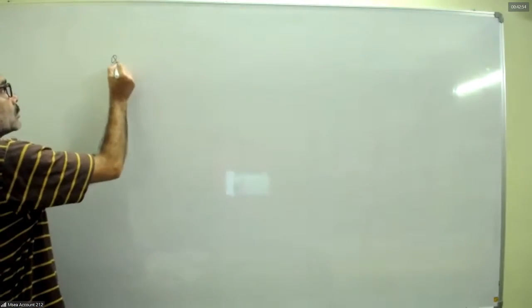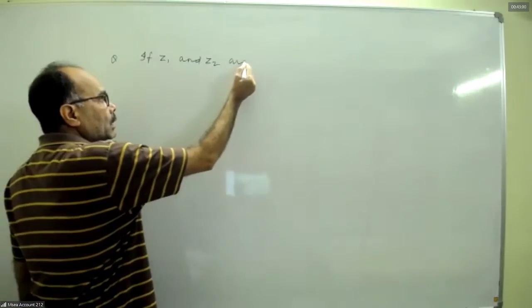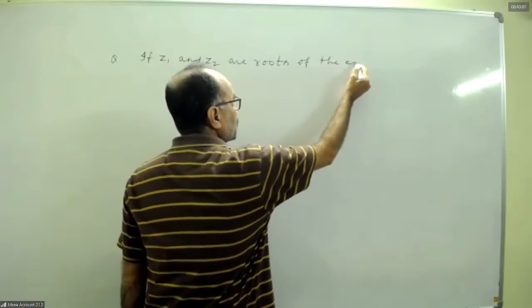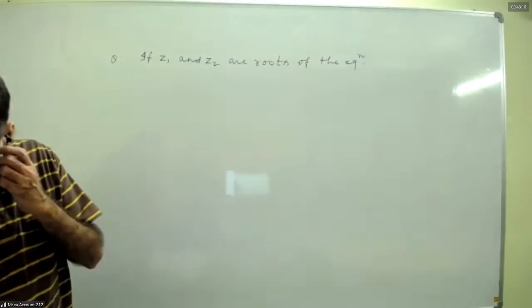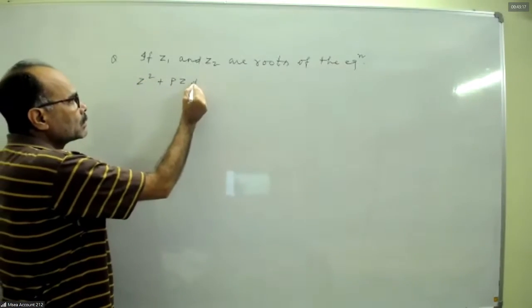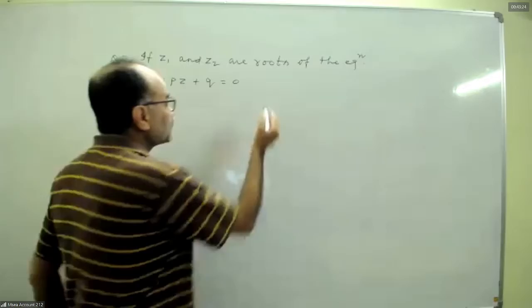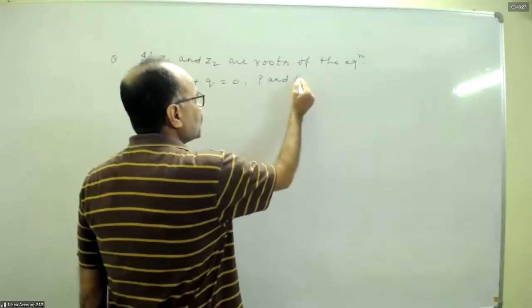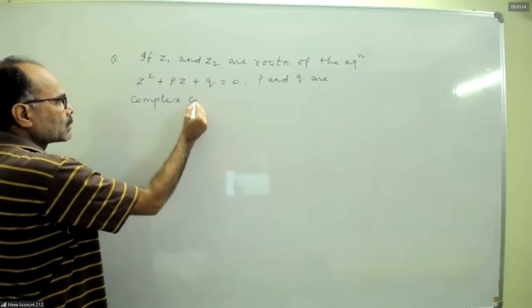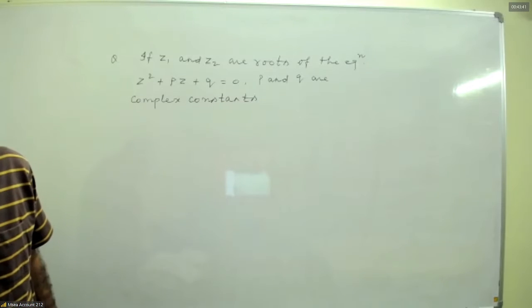If Z1 and Z2 are roots of the equation Z square plus PZ plus Q equals 0, where P and Q are complex constants.